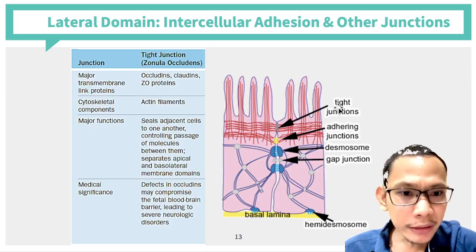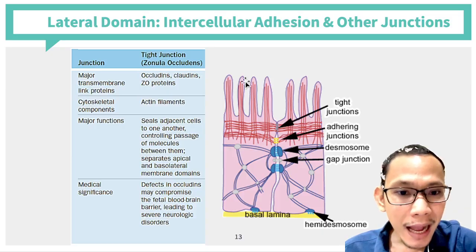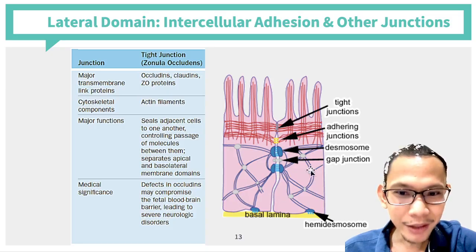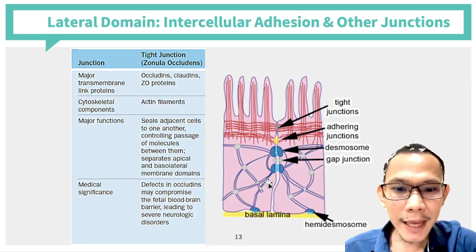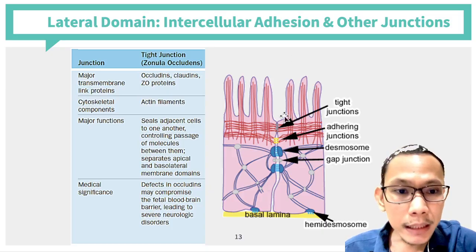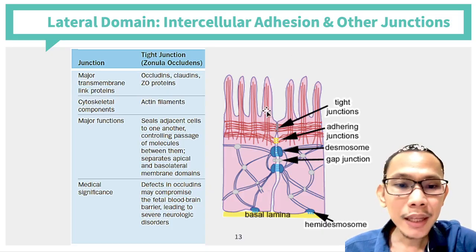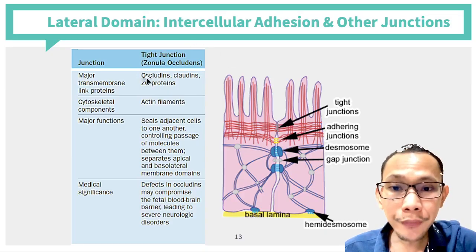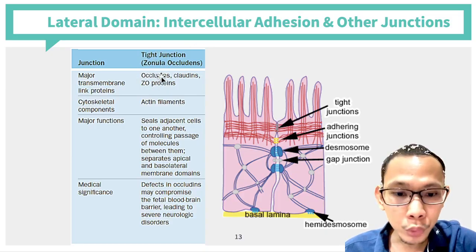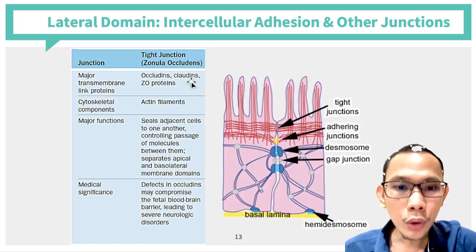So therefore, your tight junction will separate your apical domain and your basolateral domain. Please remember that. The seal here is brought about by the interaction of your major transmembrane proteins, your claudin and your occludin.